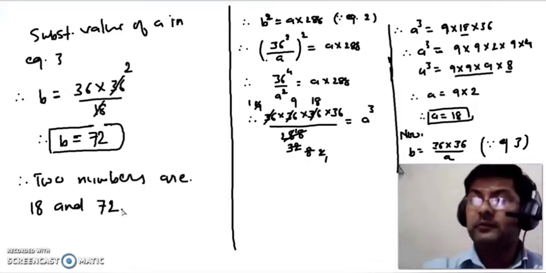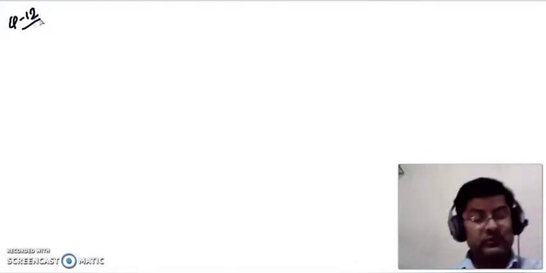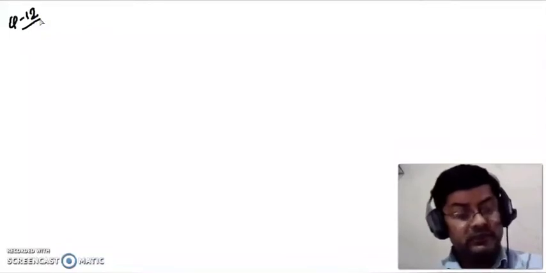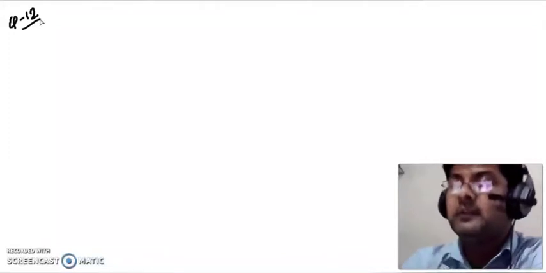Okay, now question number 12. It is given that a is to b as c is to d.